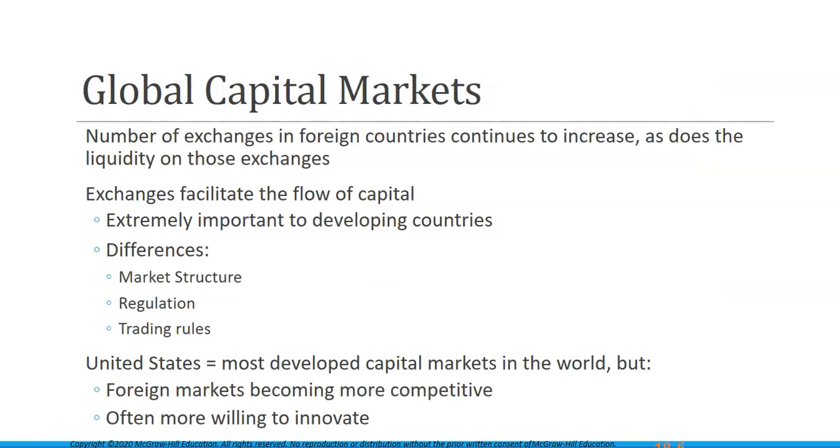So there are a number of exchanges in foreign countries, and that continues to increase, especially as we become more global as a society, as we're able to do business on the internet more often, and we can purchase from anywhere at any time. Exchanges help facilitate that flow of capital.